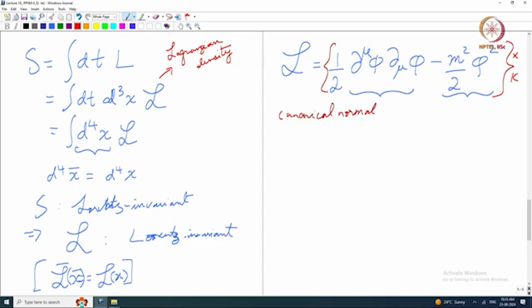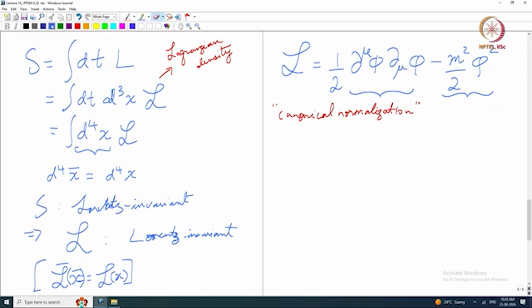What is canonical? You follow a canon, that is you follow a convention that makes sense. Right? Okay, so I'm going to erase this part because I want to write something more.